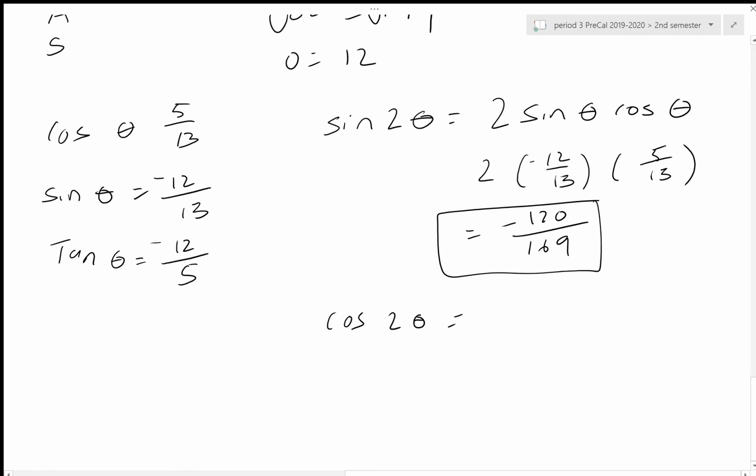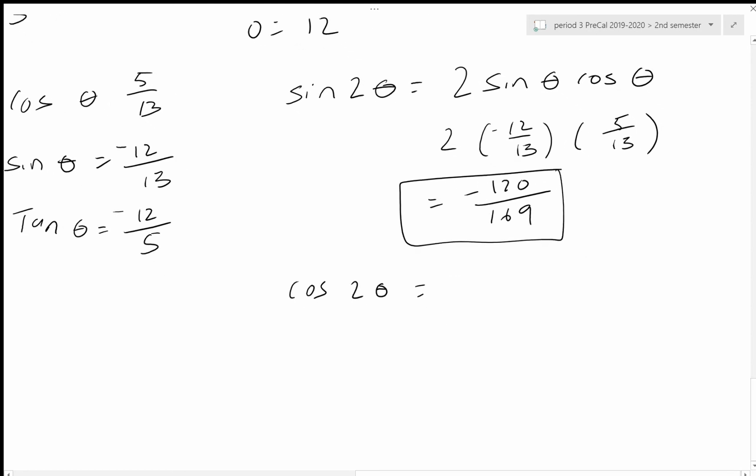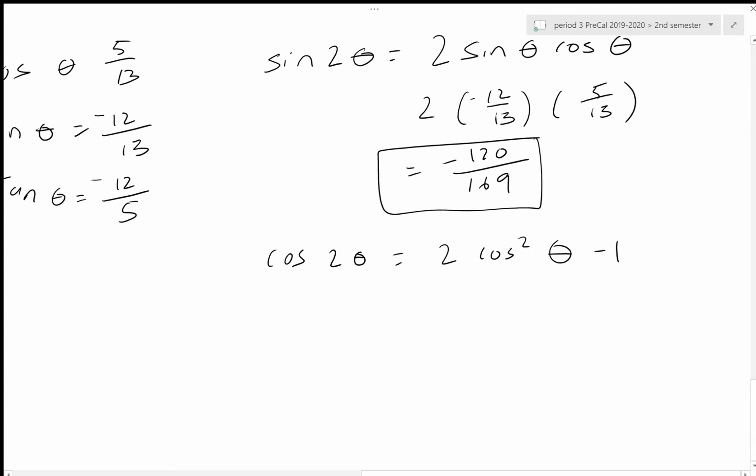Cosine of 2 theta. Then we have options. Choose any one that you want. Okay. For this example, I would choose 2 cosine squared of theta minus 1. You could use either one. Okay, so 2. Well, what's cosine of theta?